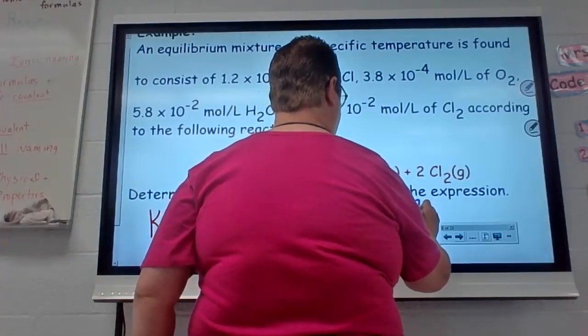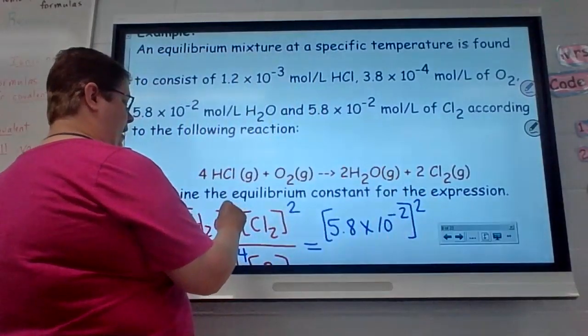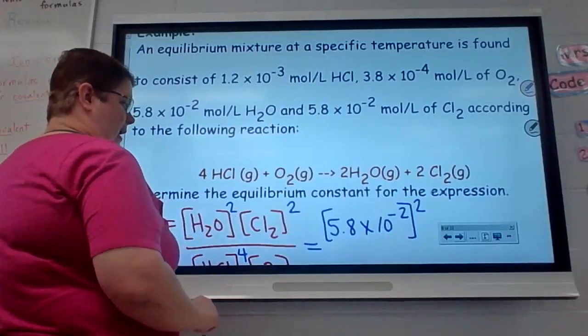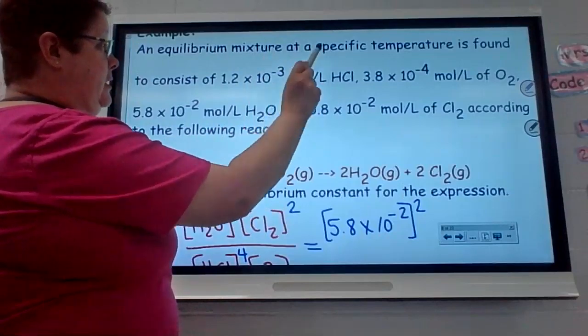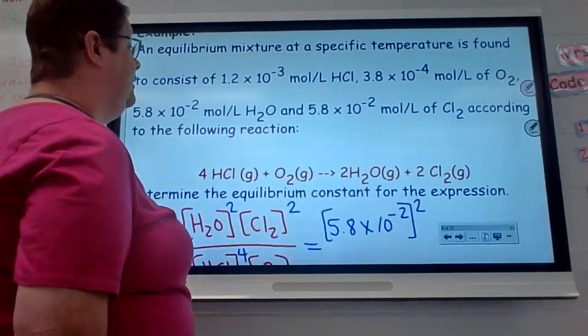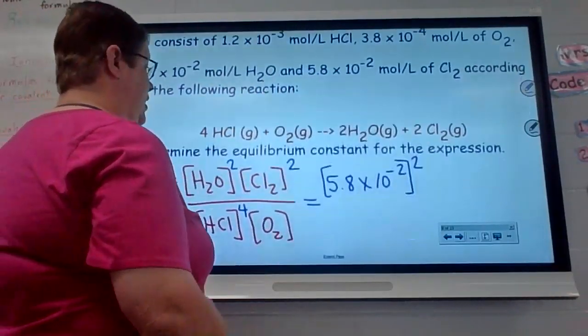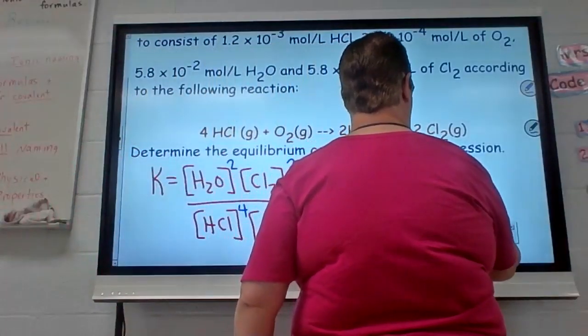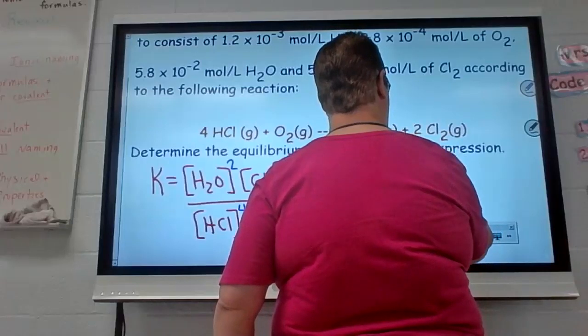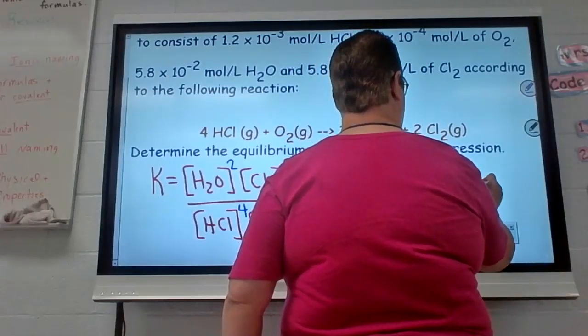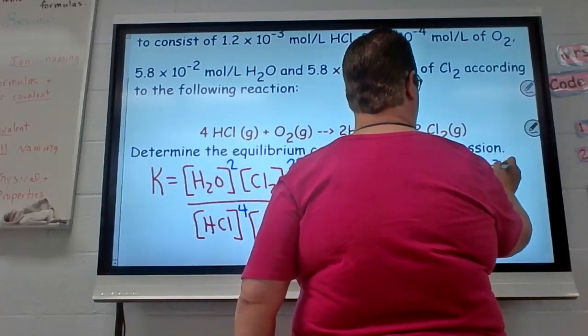And then you say squared, because it says what right here? Squared. Now you look up Cl2's number in the question. What number does Cl2 have? The same number. So 5.8. Make that bracket a little bigger there. Times 10 to the negative second.